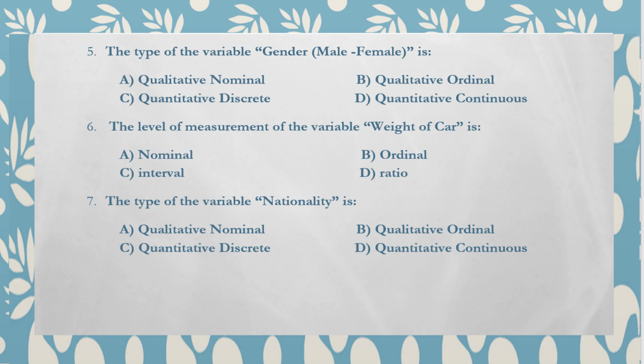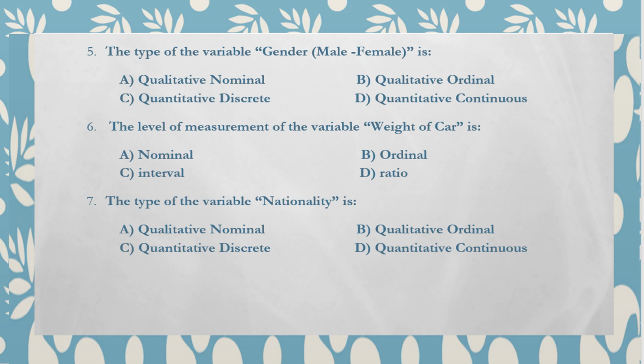Question 5, the type of the variable gender, which is male or female. This variable is a categorical variable or non-numeric and cannot be classified. So it's a qualitative data as it's a non-numeric or categorical, and nominal data, not ordinal, as they cannot be classified.